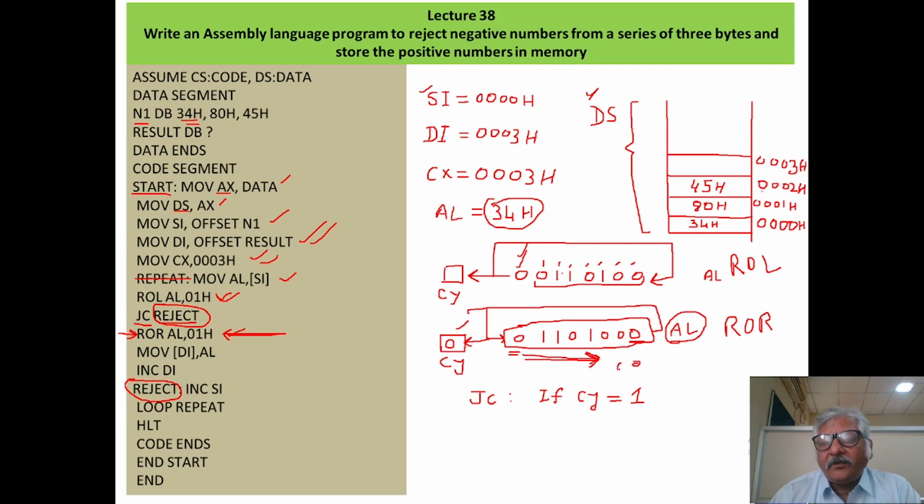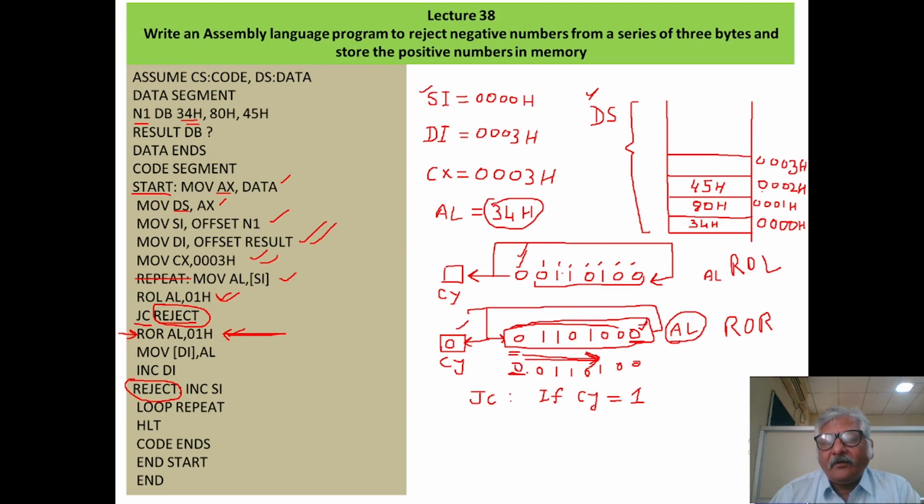0, 0, 1, 0, 1, 1, 0, and this is the vacant position. At the vacant position, this LSB bit will come.